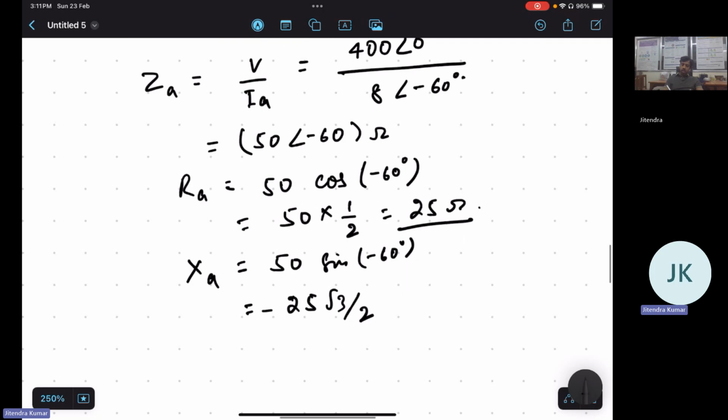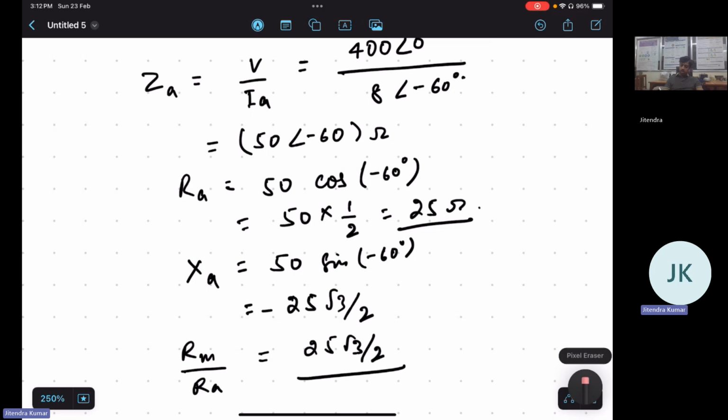RM by RA is equal to 25 root 3 divided by 25, which will be root 3. So the ratio is root 3. Fine. Any doubt here?